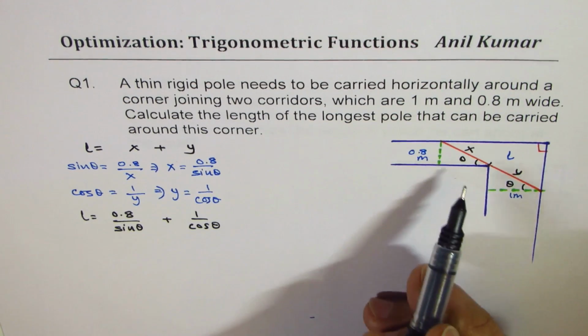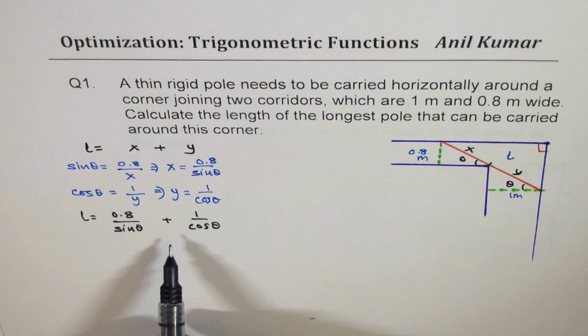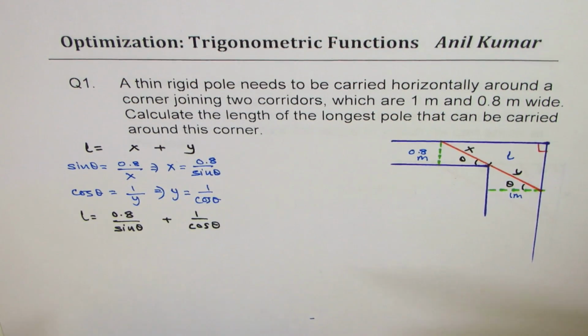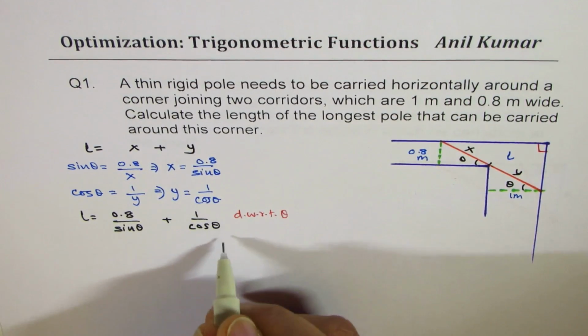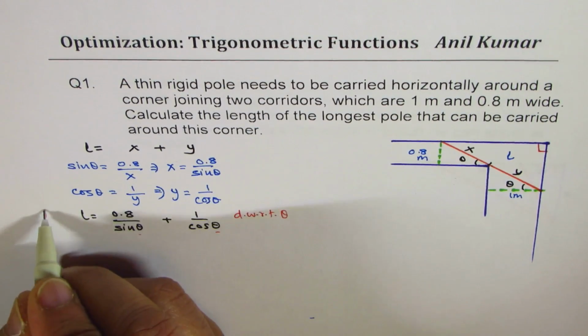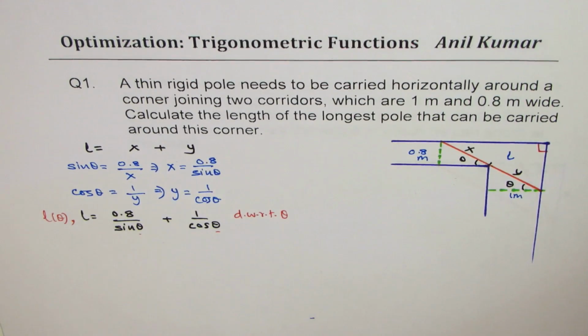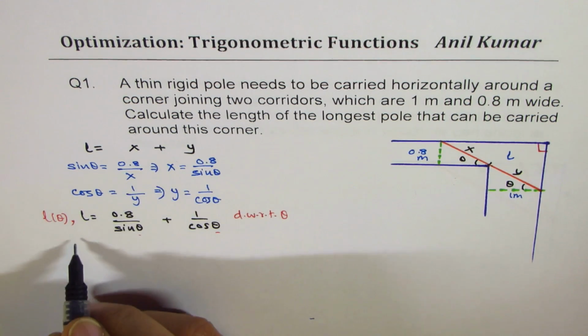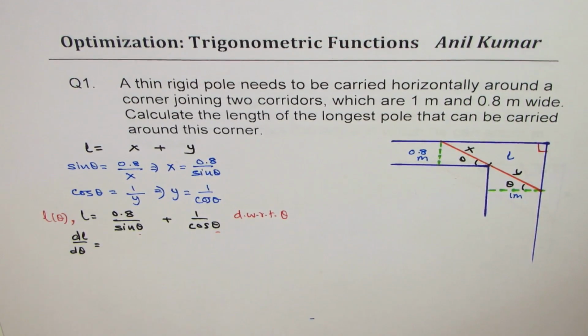To optimize, we need to look into the first derivative. So let's find the derivative of this function with respect to theta, since theta is our variable, right? So basically we have written length as a function of theta. Do you see that? So we can differentiate both sides with respect to theta. So we get dL/d theta equals to.